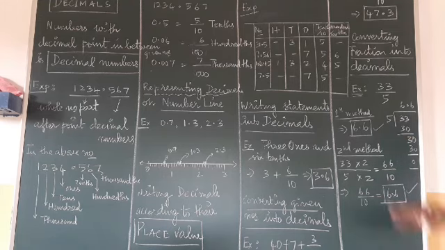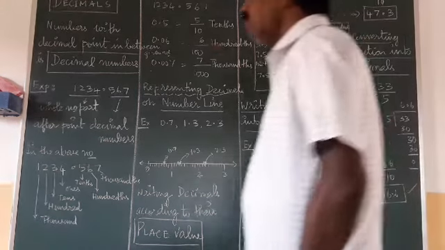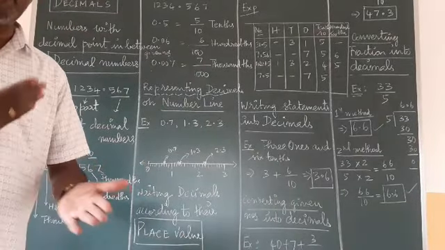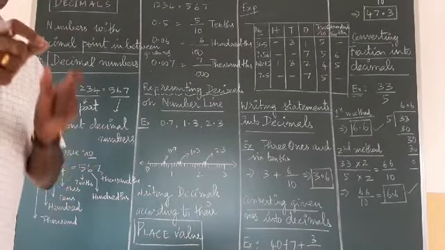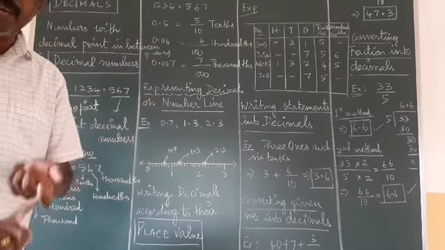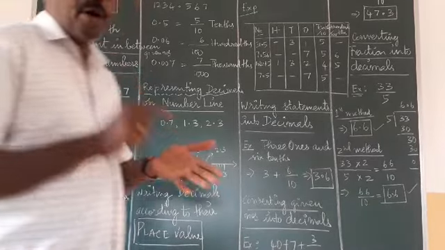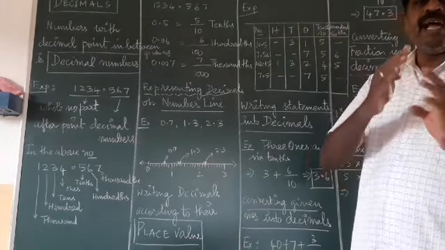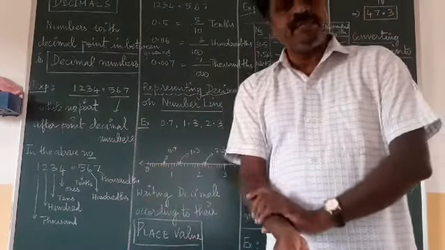Okay, so this is the starting point in the decimal chapter, the starting introduction part of decimal numbers. Decimal numbers means what? A number containing a point in between the number is called a decimal number. In a decimal number, before the point it is called the whole number part, and after the point it is called the decimal part.